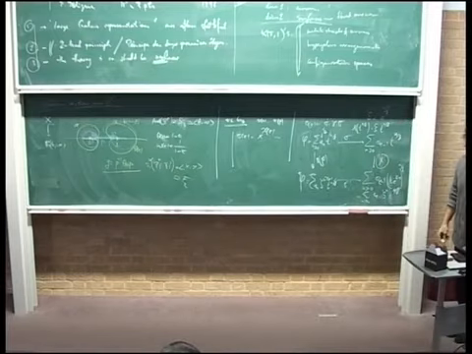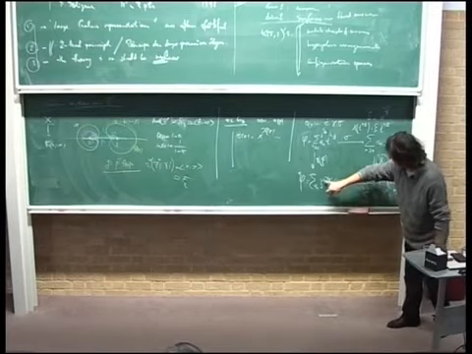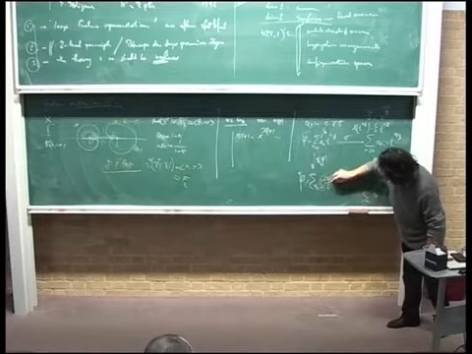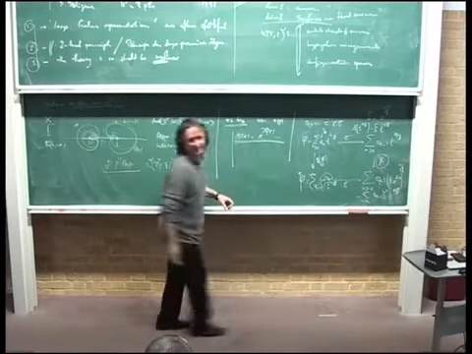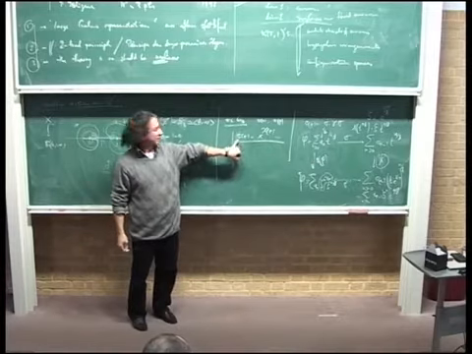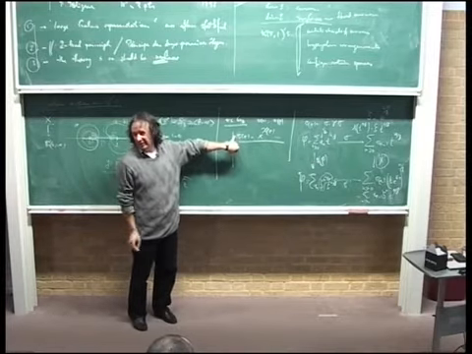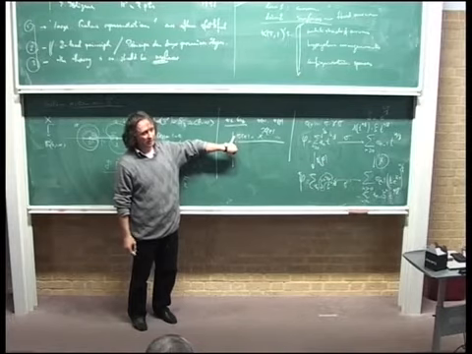So what we get is this factor instead of zeta to the n. And that proves this. We just proved this. Okay?